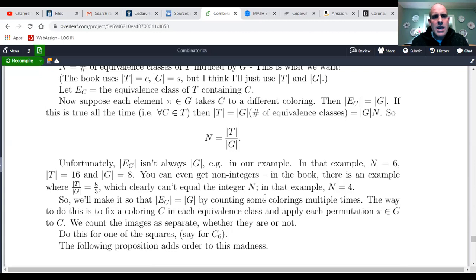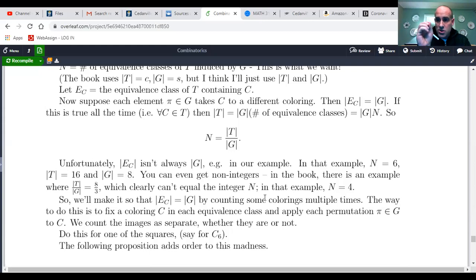And there was one equivalence class that had only 2 colorings in it. That was the one that had blacks and whites on diagonally opposite corners: black, black on one diagonal, and white, white on the other diagonal. There's only 2 in there. And what is going on there? Each one of those is fixed by 4 permutations. And guess what? 2 times 4 is 8.